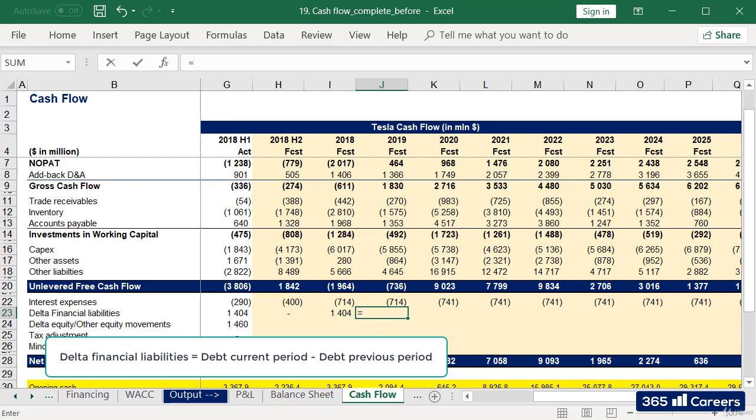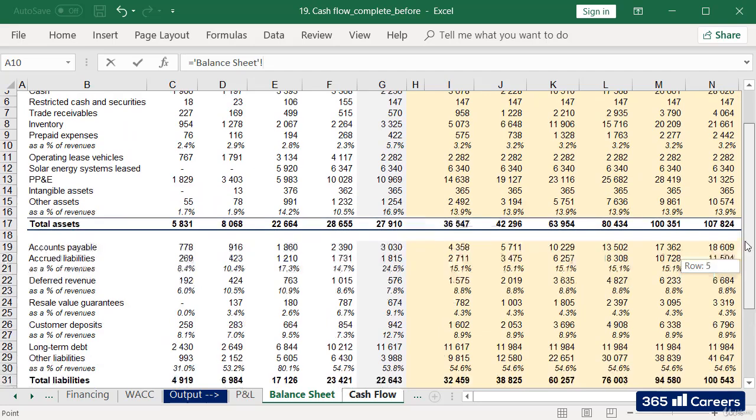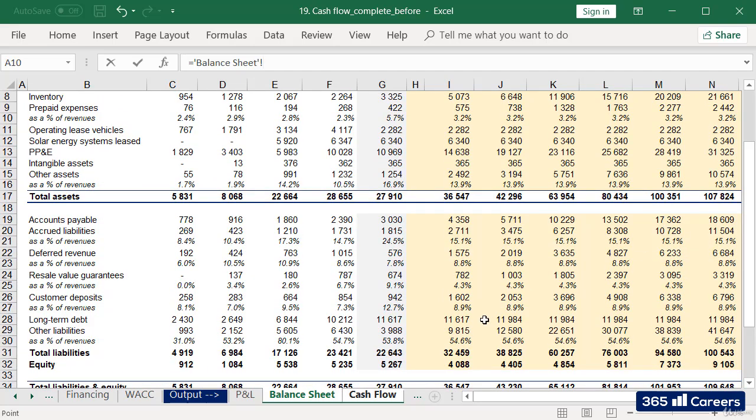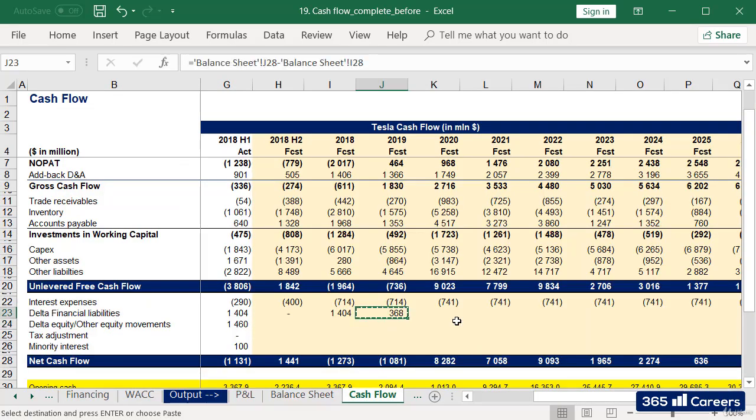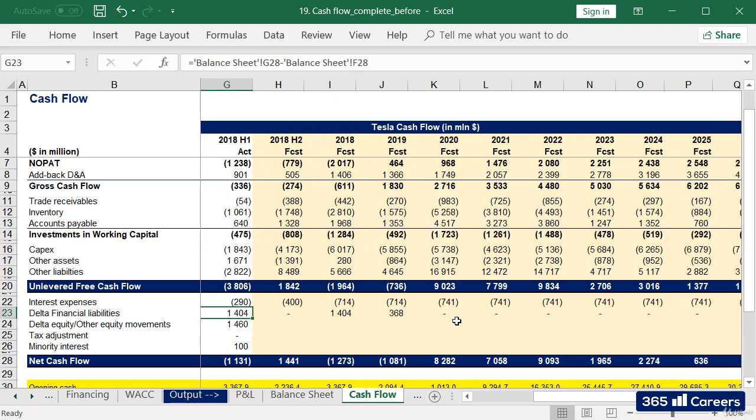And then I have to be careful. I can't simply paste the formula from earlier, as there is a blank column in the balance sheet, which will cause an error. I'll go ahead and calculate the difference again. Perfect.